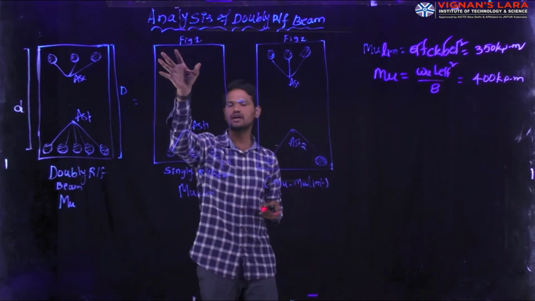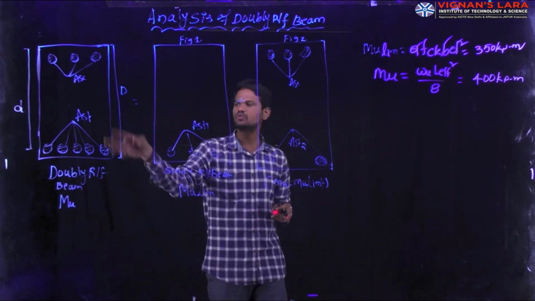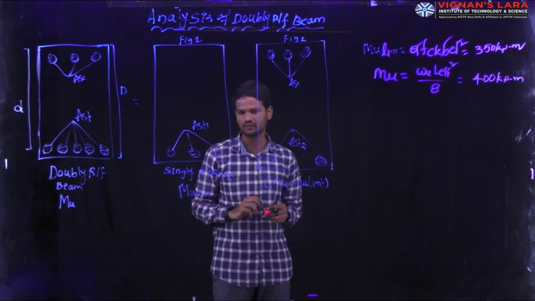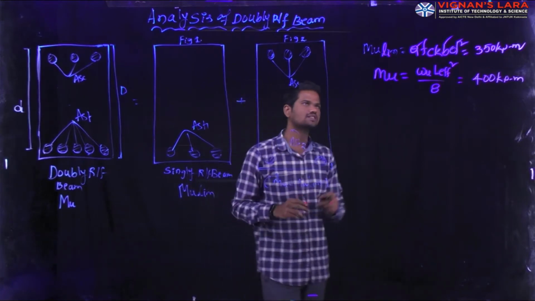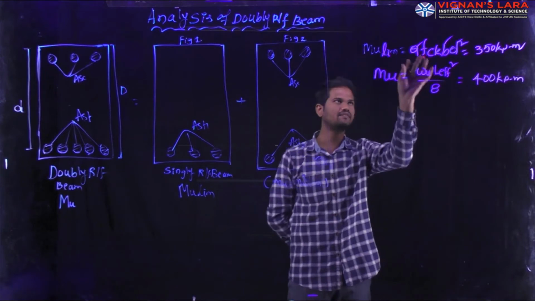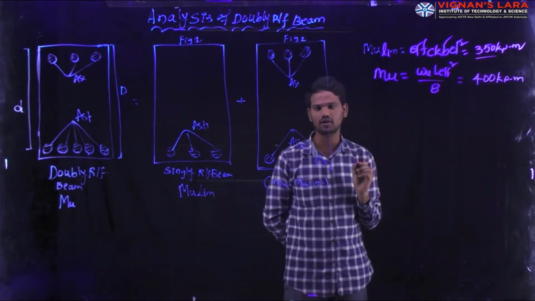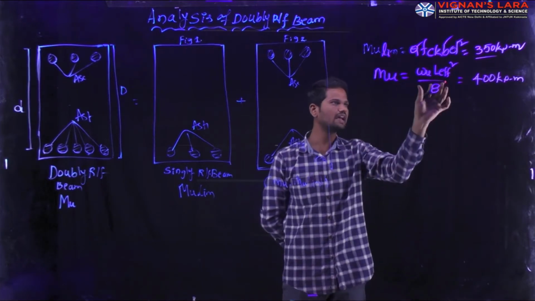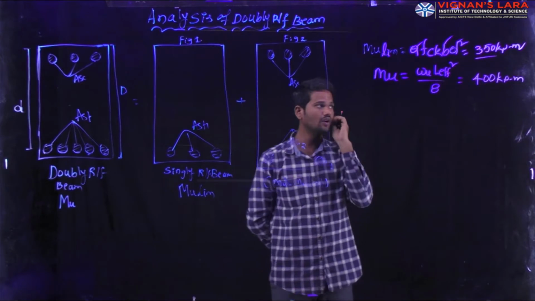That means the width of the section and the depth of the section we are keeping the same, whereas we are providing the extra reinforcement to carry the additional moment. Suppose, by fixing these values, we are getting this limiting moment as 350 kilonewton meter, whereas the applied moment we are getting is 400 kilonewton meter.